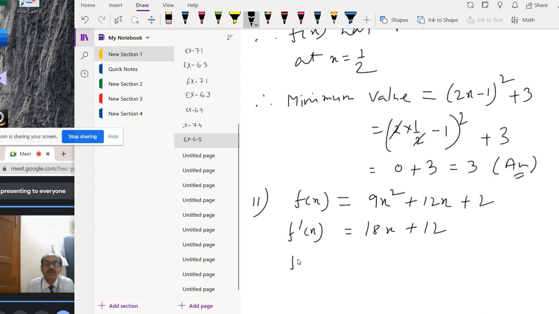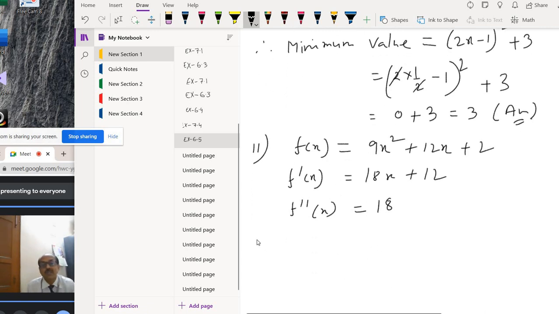Now the second order, f double dash x equal to 18. Okay, it is 18. Now for maxima or minima, apply the condition f dash x equal to 0.